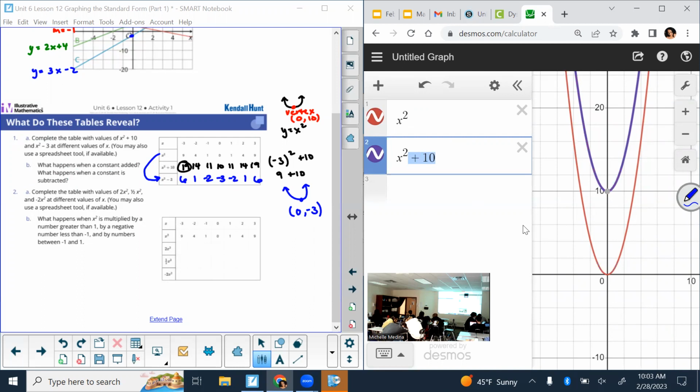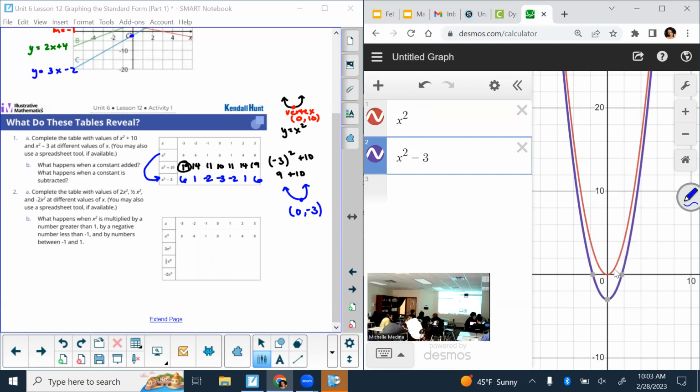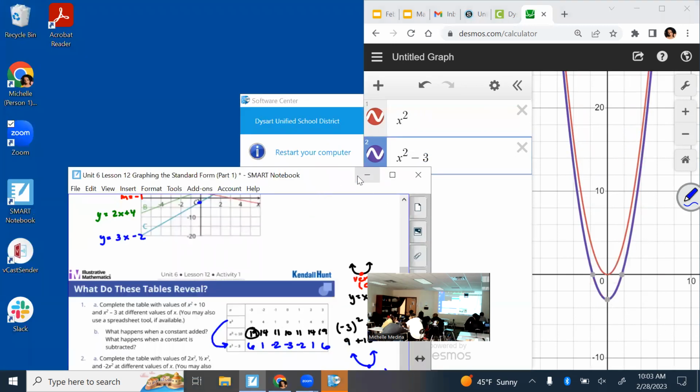When I subtract, let's see. So we're going from the red graph to the purple graph. What happened to the graph? What does subtracting do? Brings it down. Specifically, whatever the vertex is, just bringing it down, which of course then brings down everything else.